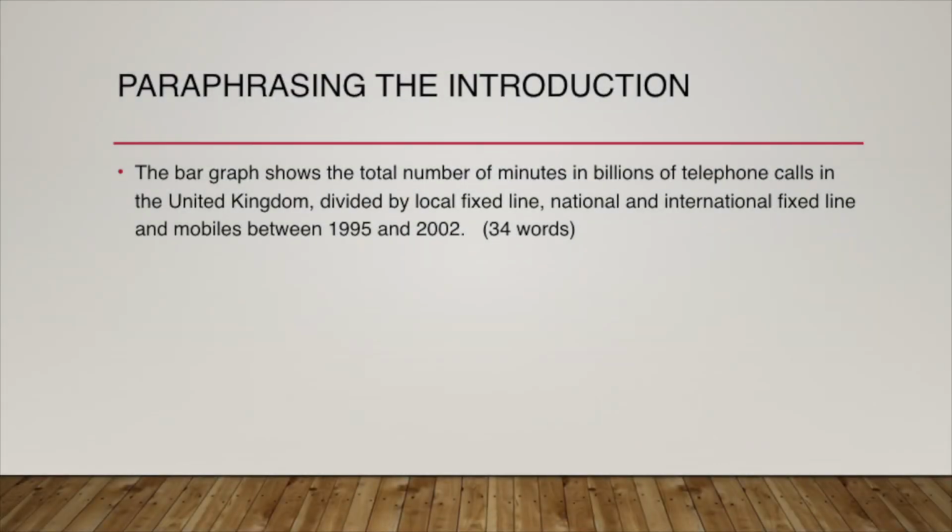Introduction paragraph, paraphrase. The bar graph shows the total number of minutes in billions of telephone calls in the United Kingdom, divided by local fixed line, national and international fixed line, and mobiles between 1995 and 2002. 34 words.